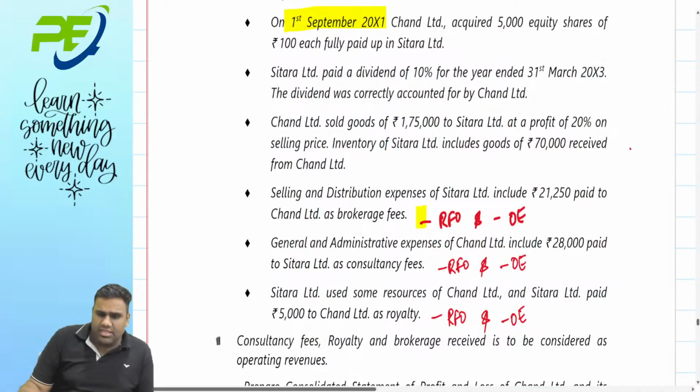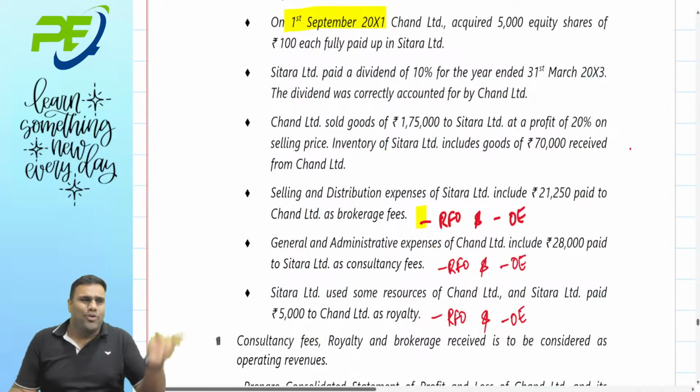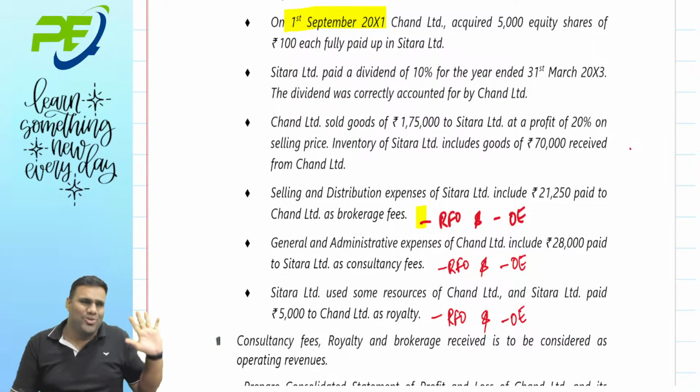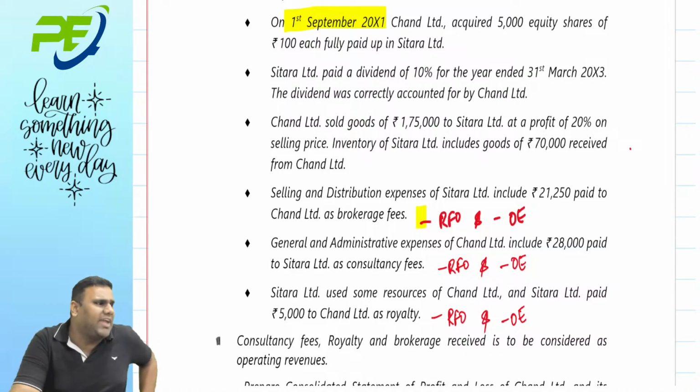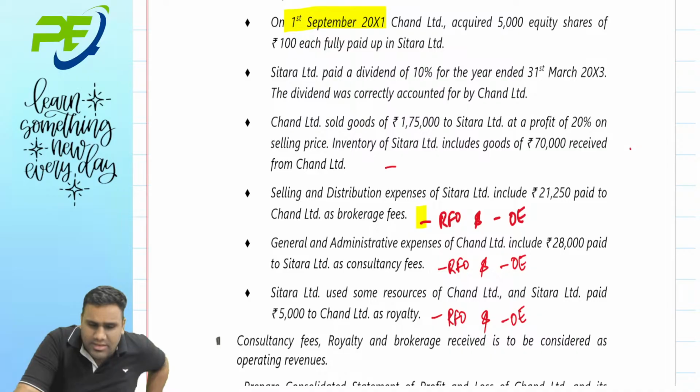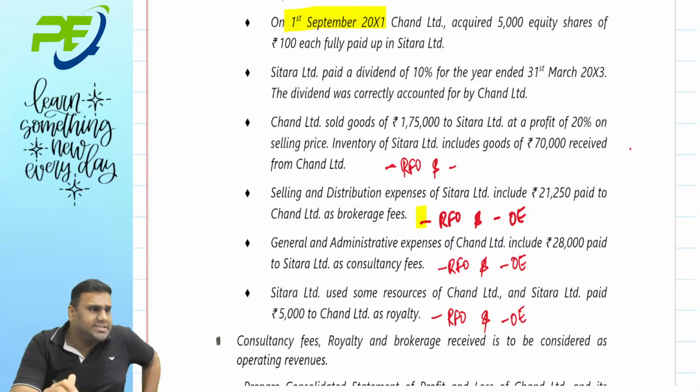Should I subtract anything else? Purchase and sale, it is not written, so no. Chand Limited sold goods of 175, everyone. So we have to subtract from revenue from operations and purchases. Where will you subtract?